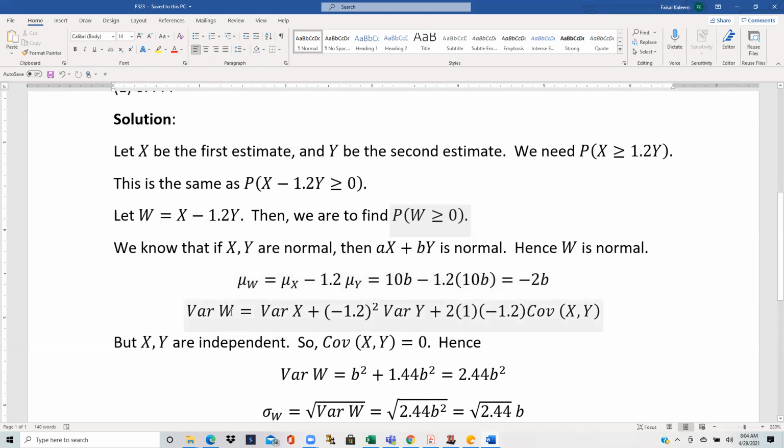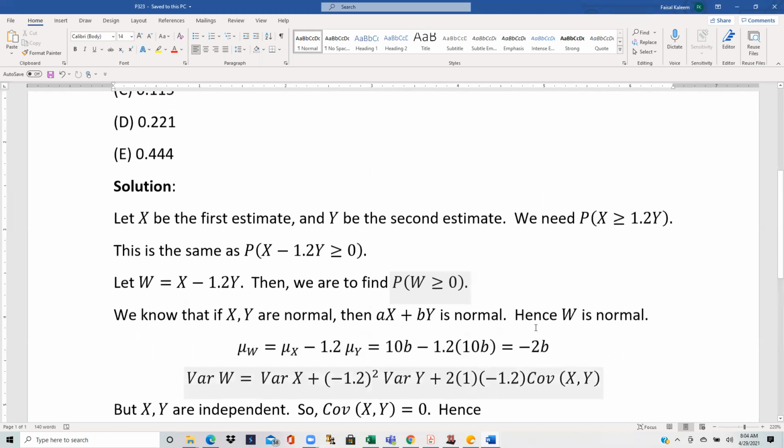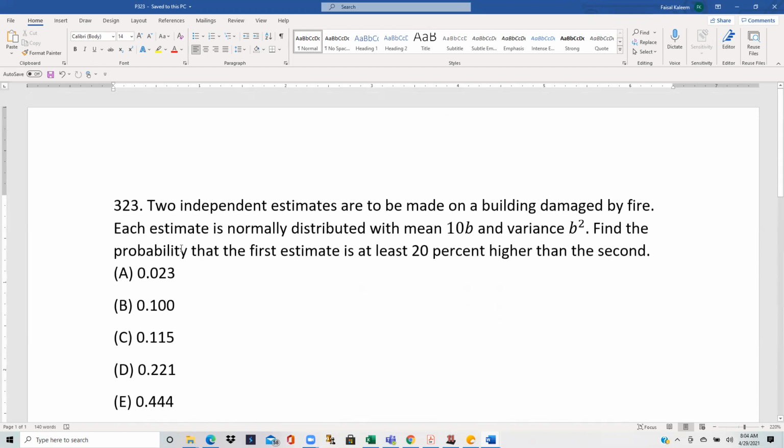Variance of W is a squared variance of X, where a in this case is 1. So it's just variance of X plus negative 1.2 squared variance of Y plus 2 times 1 times negative 1.2 times covariance XY. But we are told that the two estimates are independent.